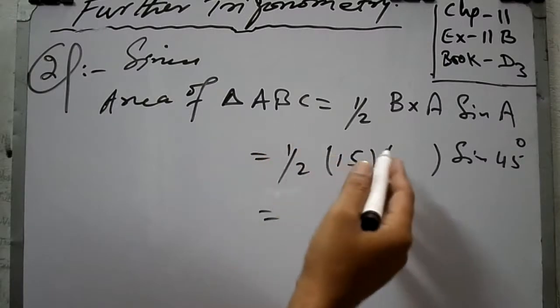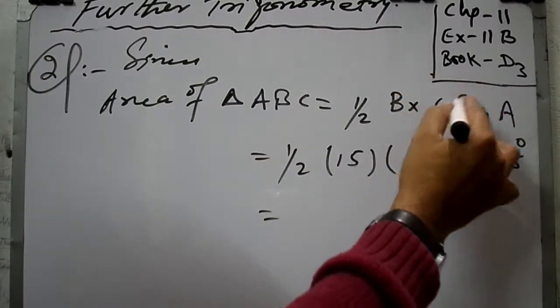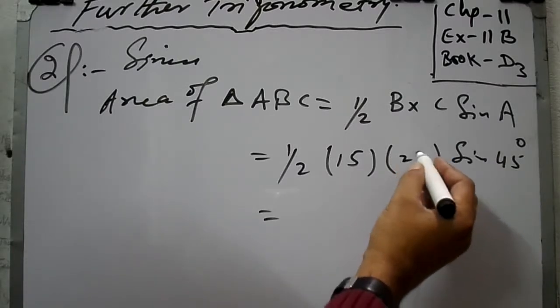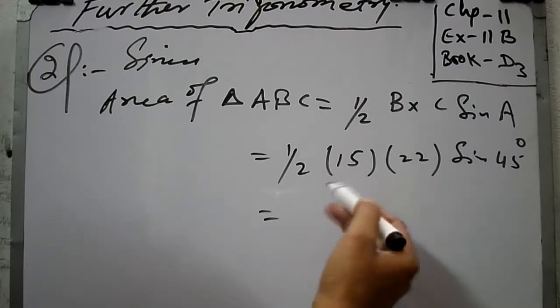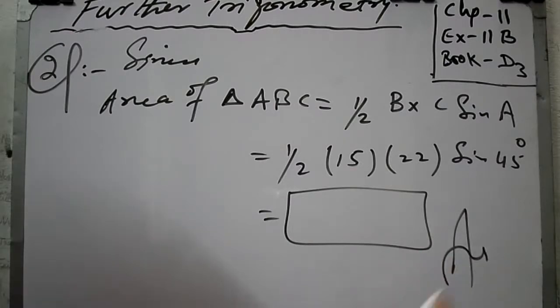The triangle ABC, okay, that may be C because the figure is not given to us. The value of C is 22. So find the area of the triangle by simplification. You will get the result. You use the calculator to find it.